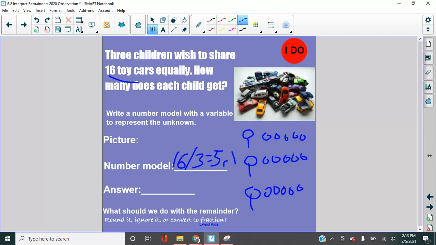You're going to keep it for yourself. You're going to probably put it on a shelf. No one's going to get that one. We're going to ignore that remainder. So our answer here is not 5 remainder 1. The answer to this question is that each child will get 5 cars. So we ignored the remainder. We left it off. Sometimes you need to do that.